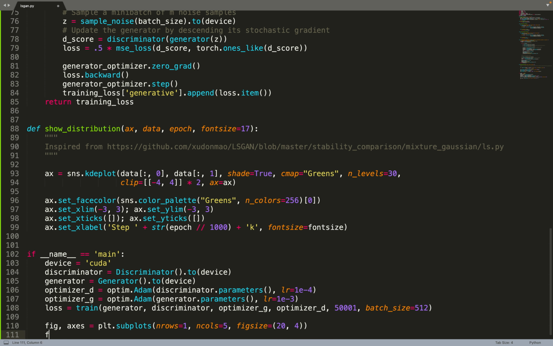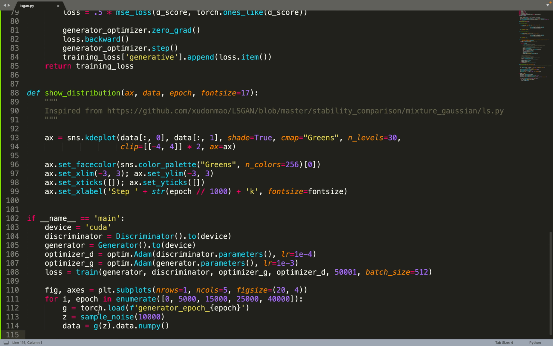And then we can move on to the plots. What we do, we plot the generator at 0, 5,000, 15,000, 25,000 and 40k epochs. And then we show the results at all these intermediate steps. So we sample 10,000 noise vectors, then we feed them to the generator.